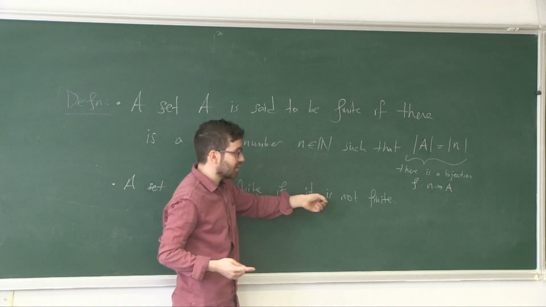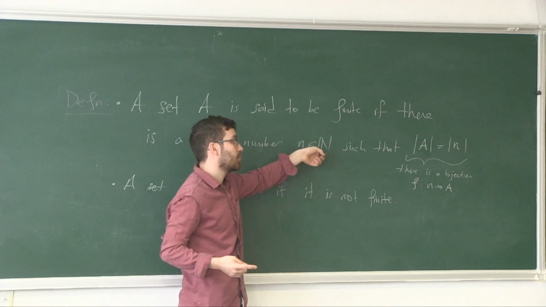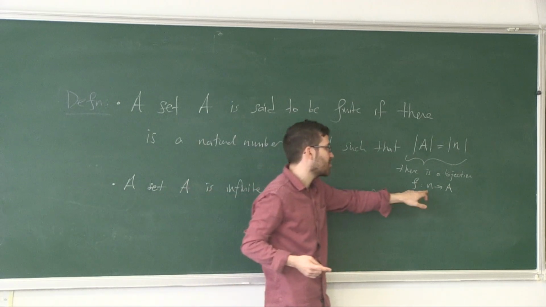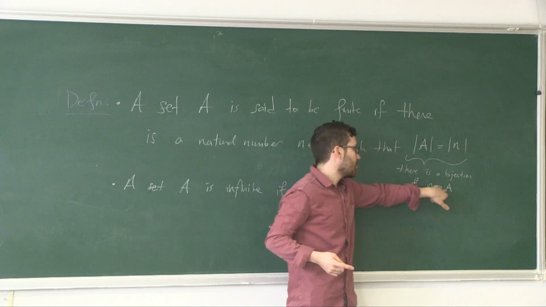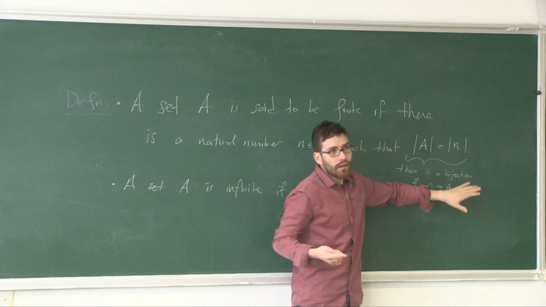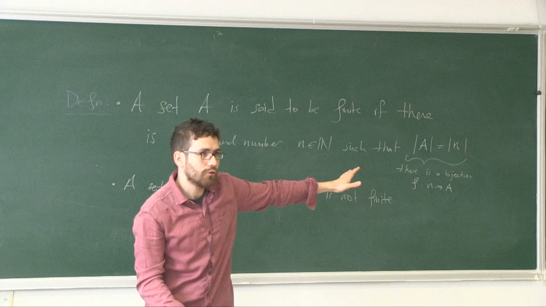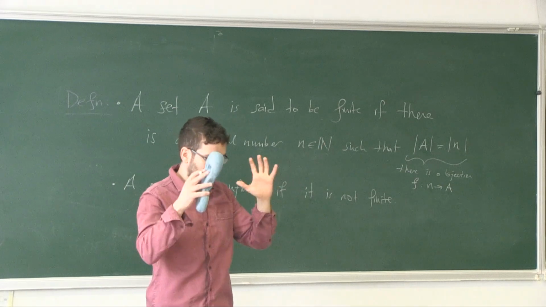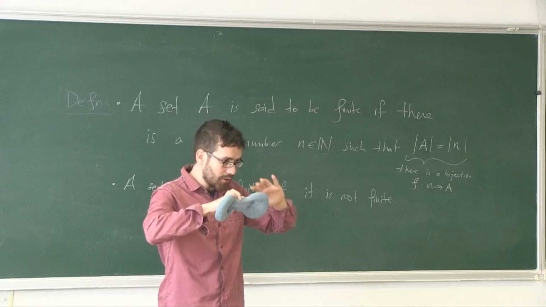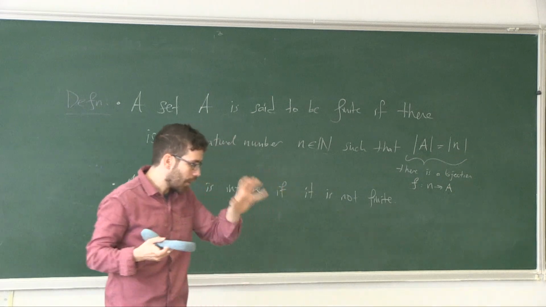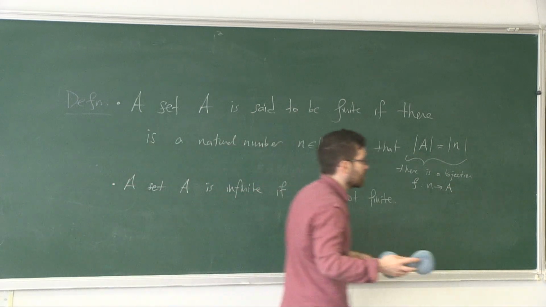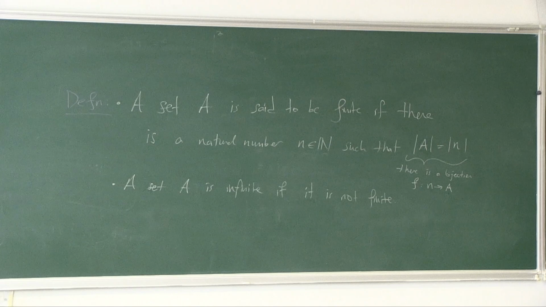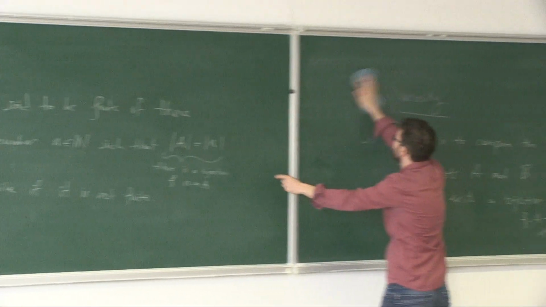Now, what does finite mean? Finite means that it's equinumerous with a natural number. So you need to show that there is no bijection from the set of natural numbers to a natural number. That's not difficult to do, but my point is proving this intuitively obvious fact requires some work if you use these definitions.